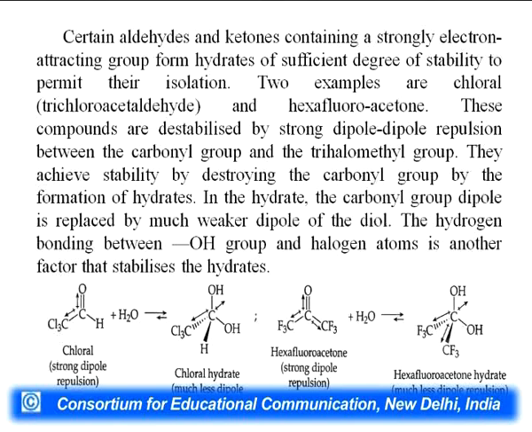They achieve stability by destroying the carbonyl group through the formation of hydrates. In the hydrate, the carbonyl group dipole is replaced by the much weaker dipole of the diol. The hydrogen bonding between the hydroxyl group and the halogen atom is another factor that stabilizes the hydrates.